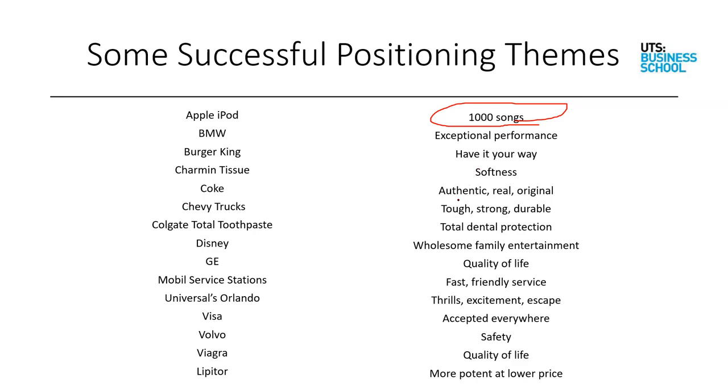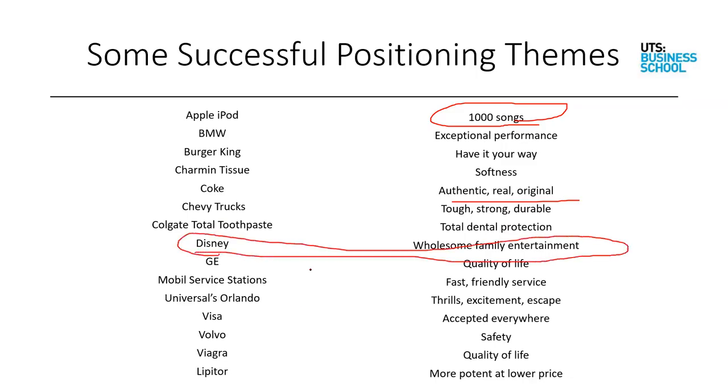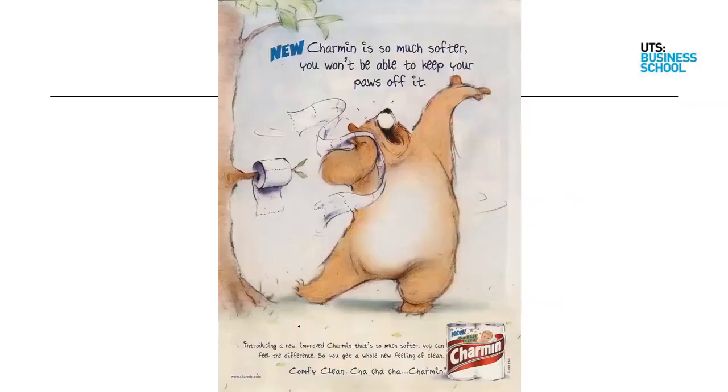Coke, authentic, real, and original. So these are some of the examples of positioning statements. Disney as wholesome family entertainment. So one has to be very clear when you are creating these positioning statements, they have to have very, very clear differentiation from the competitors.